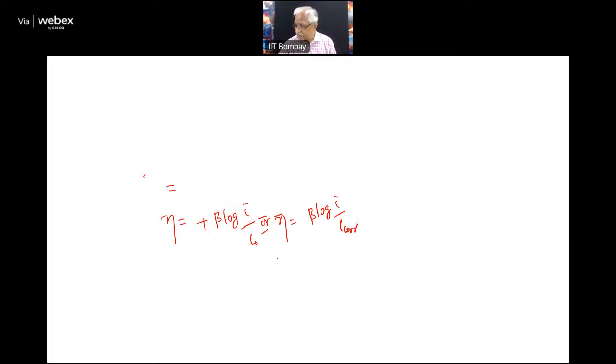Then what is eta in this case? The eta in this case is equal to E corresponding to the applied value minus E corr.